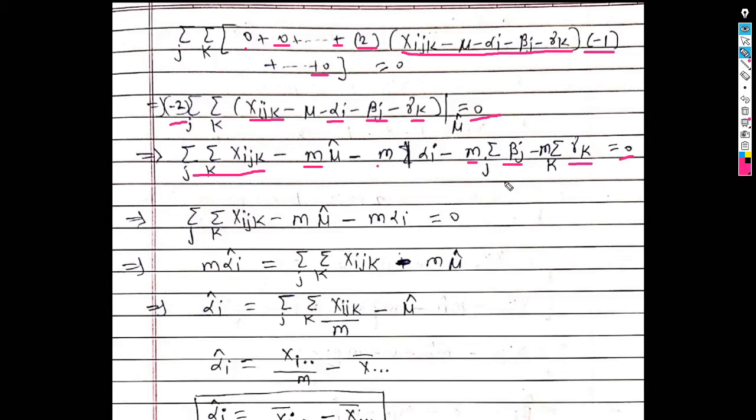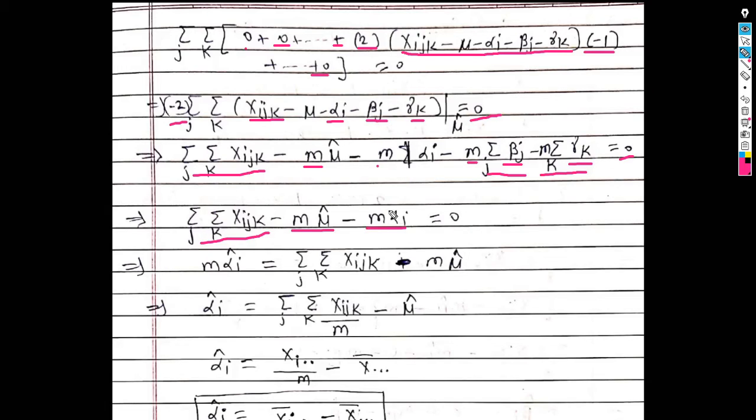Now under the assumption of the LSD model, the summation of beta j and the summation of gamma k are 0. So in the next step the remaining terms are the summation of xijk minus m into mu hat minus m into alpha i, and equate it to 0.